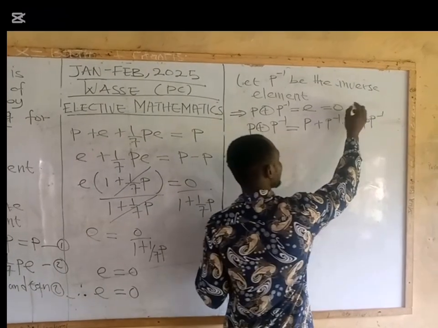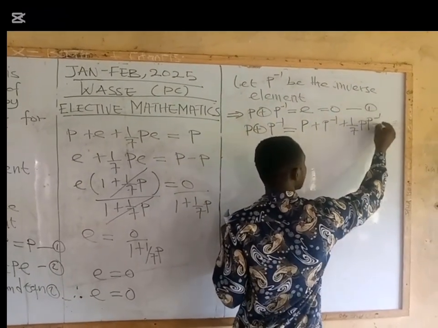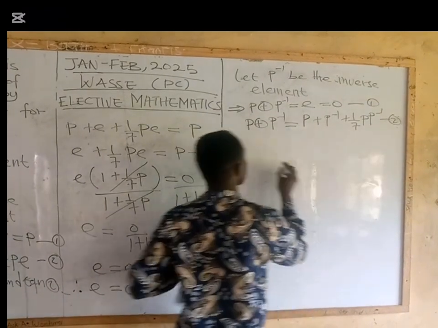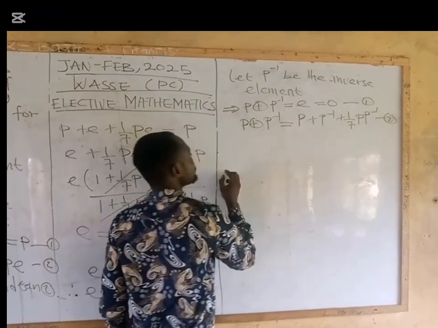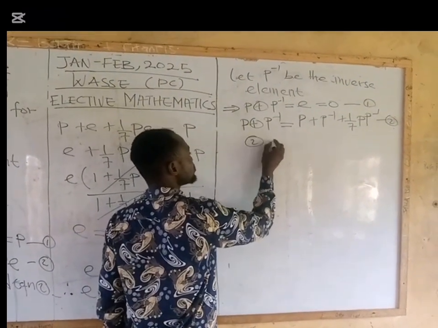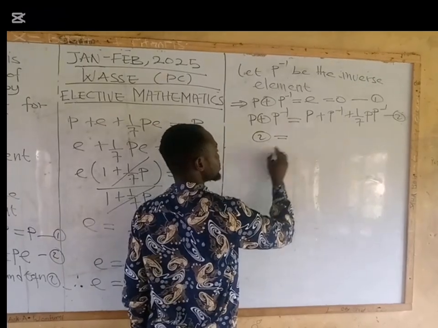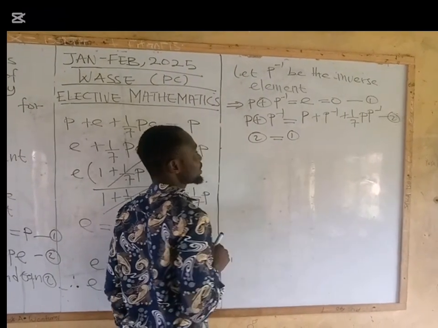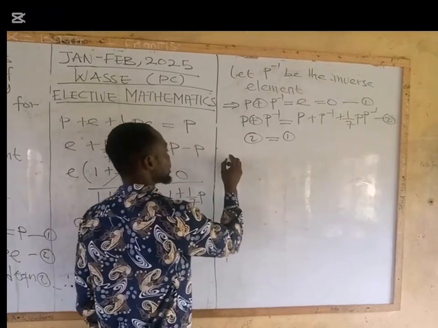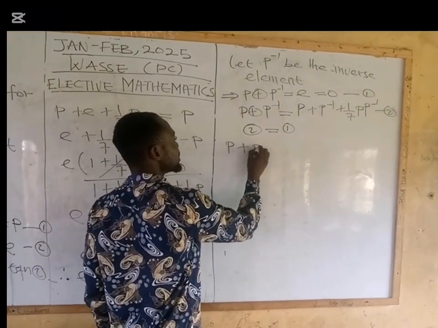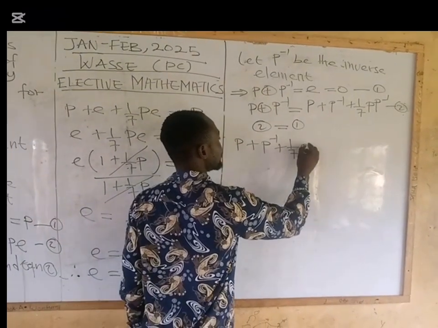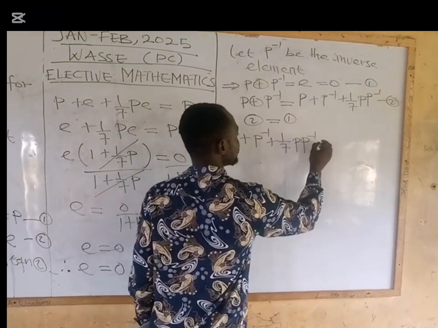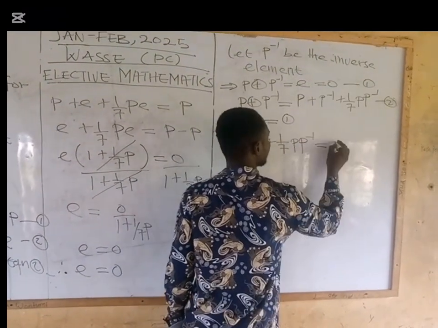So this is equation 1. This is equation 2. So we are going to compare equation 1 to equation 2. So by comparison, we have P plus P inverse plus 1/7 P P inverse to give you 0.